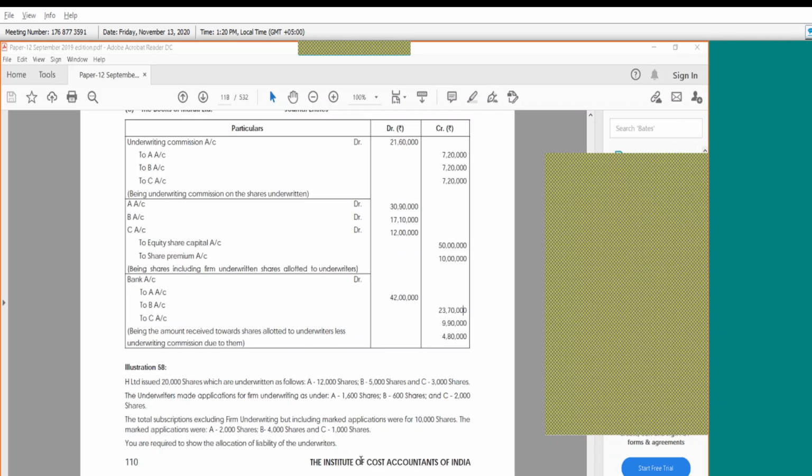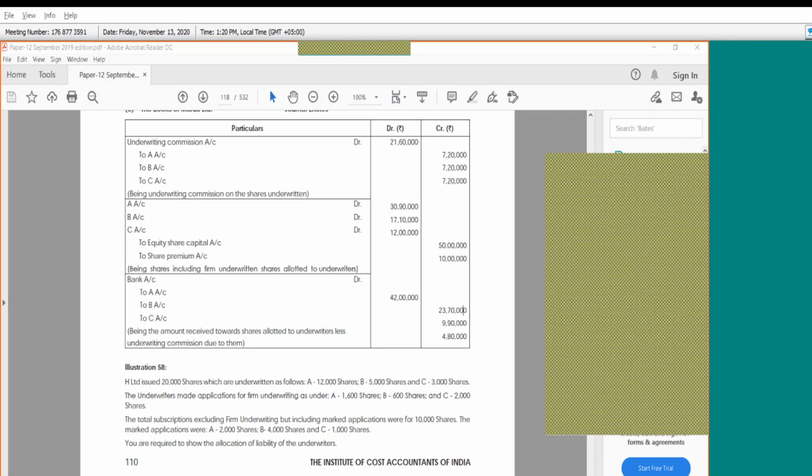So H Limited issued 20,000 shares, which were underwritten as follows. A is one underwriter, B is one underwriter, C is one underwriter. A is given 12,000 shares for underwriting, B 5,000 shares, C 3,000 shares.